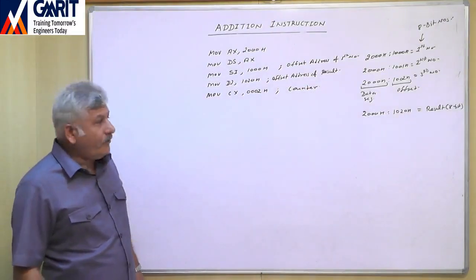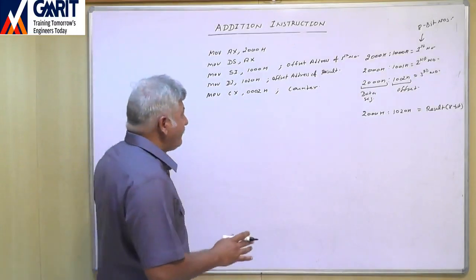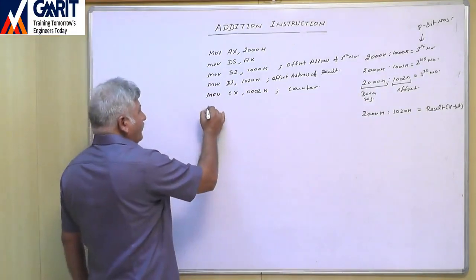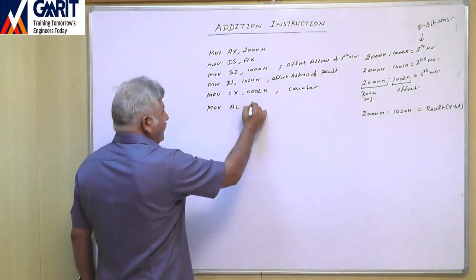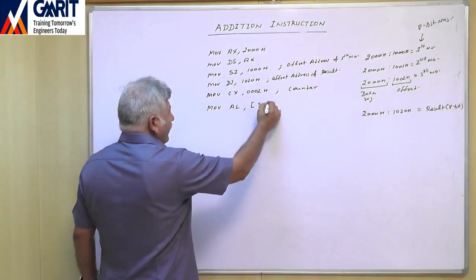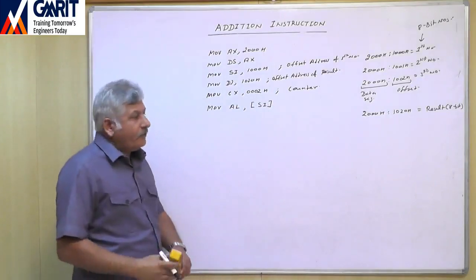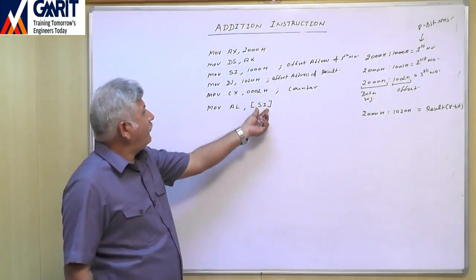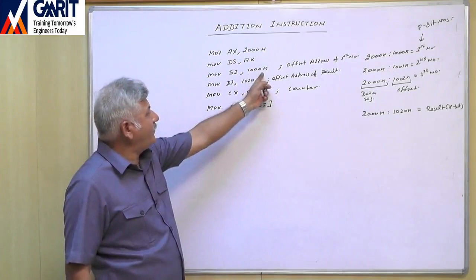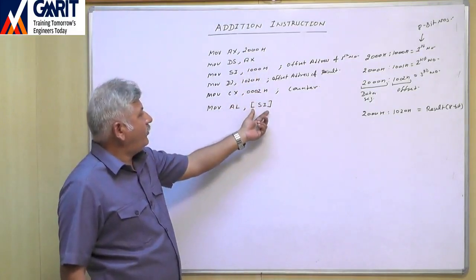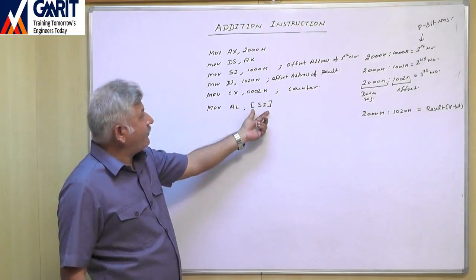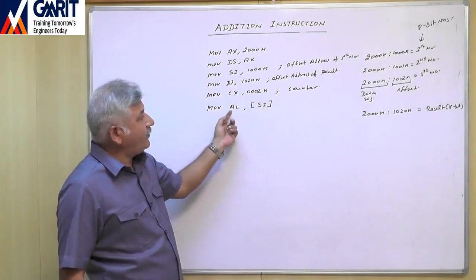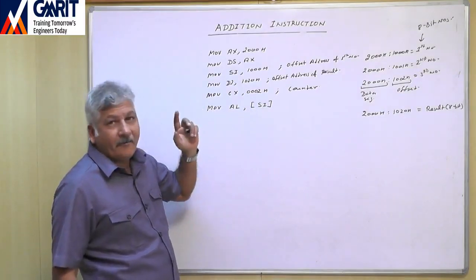Now I will bring first number in AL register. So move AL comma within bracket SI. So in SI, right now we have 1000H. So data from offset address 1000H of data segment 2000 will be moved in AL. So first number is in AL.